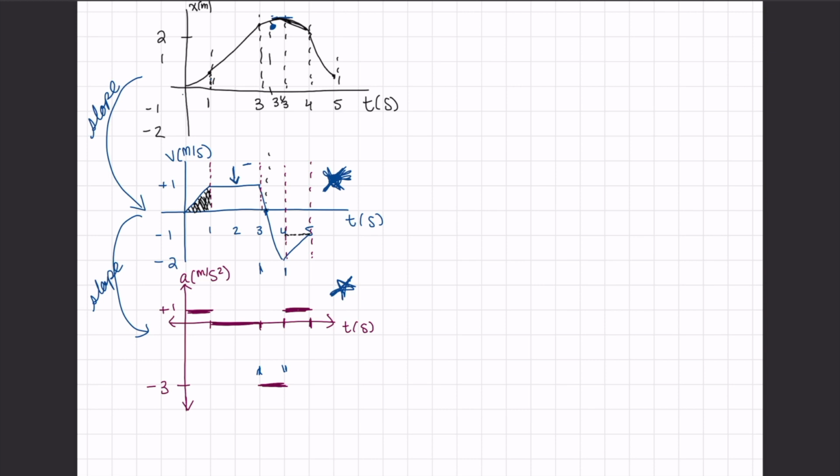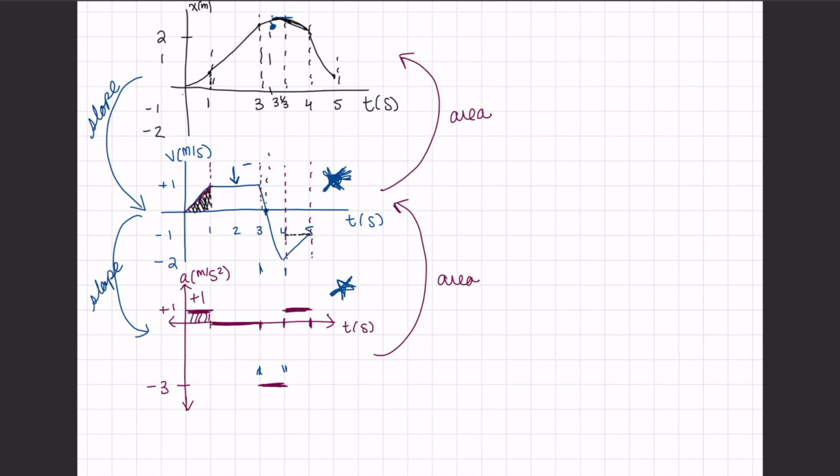And then we talked about how going from V to X is going to be area. Well, that also means going from A to V would also be area. But since those areas would all be square and they're flat, they're much, much easier to see.